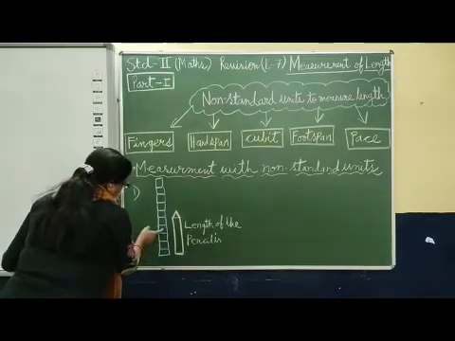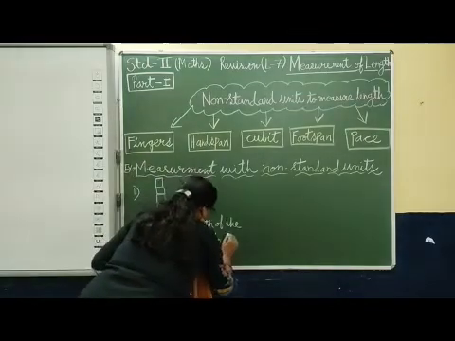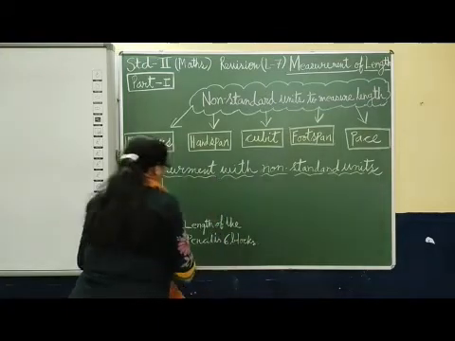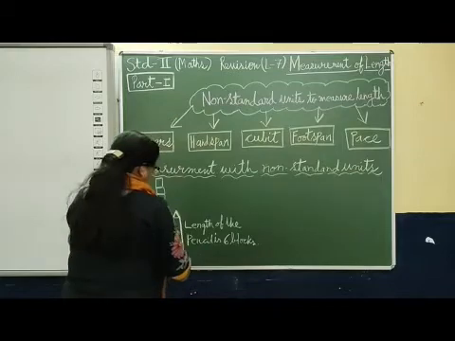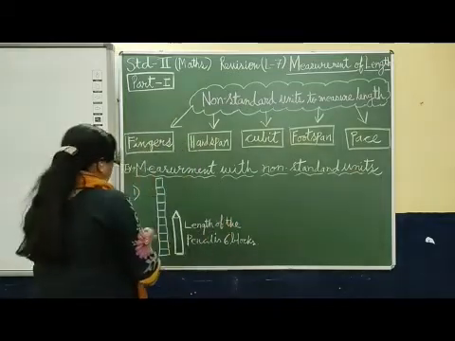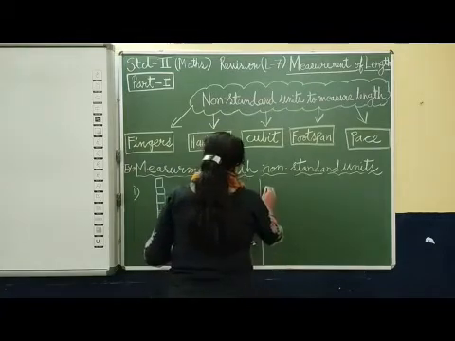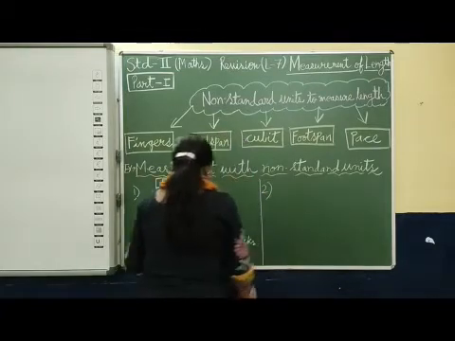Again 1, 2, 3, 4, 5, 6 blocks. 6 blocks. Okay. So this is one example we have taken. Length of the pencil is 6 blocks. Same way, let's take another example. This is example number 2.